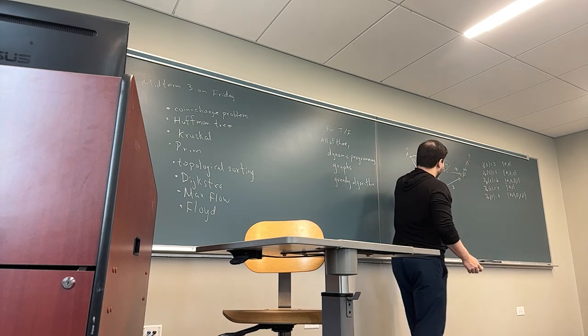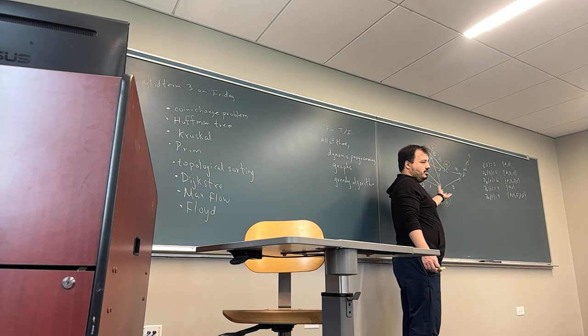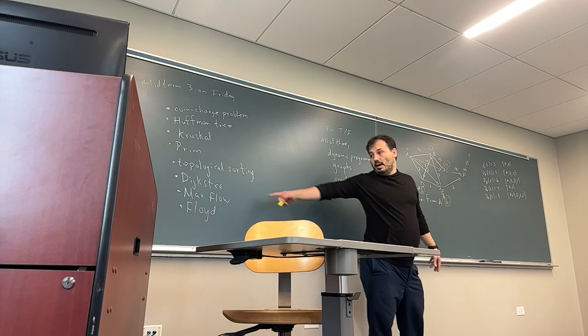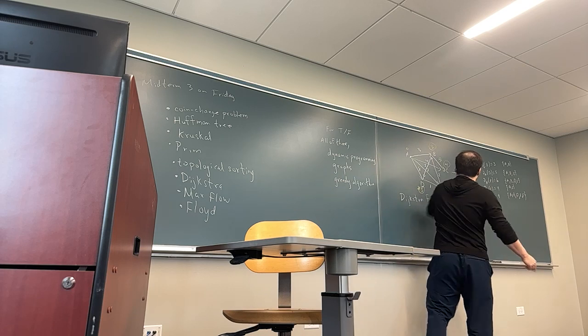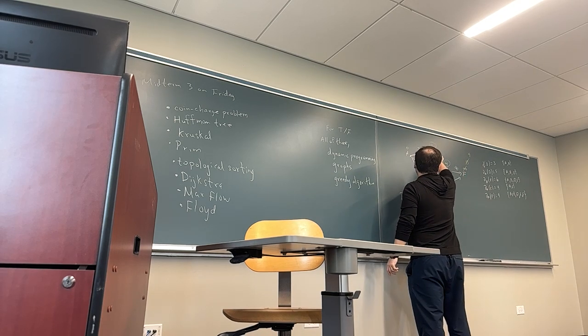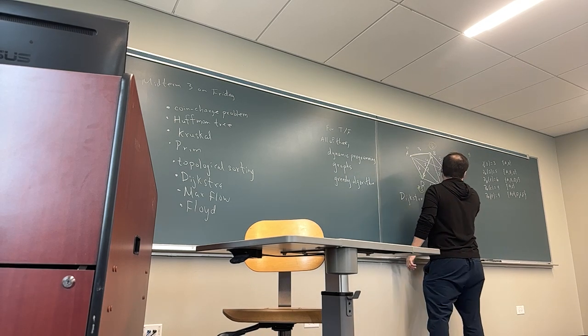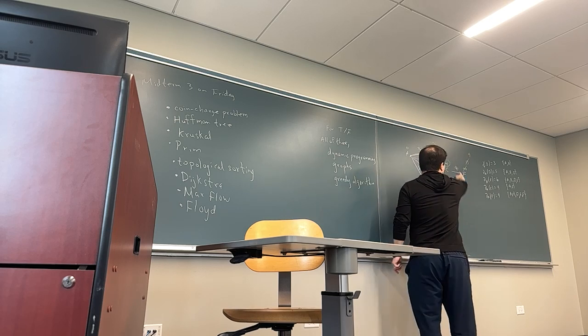Again, we're done with Dijkstra here. So I'm just now thinking about max flow. You're doing max flow, and that's the sink and that's the source. And the first step is doing this Dijkstra algorithm to figure out this path.